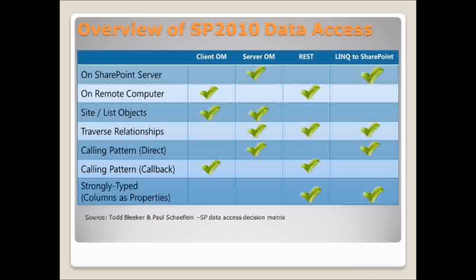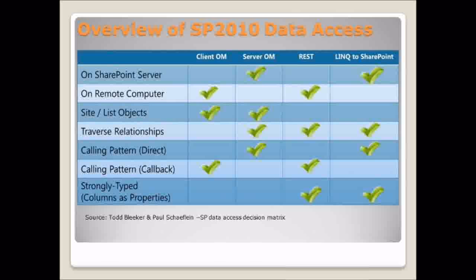The callback calling pattern is when you actually have to batch up multiple of your arguments and then say go and execute the command now, and that's what you do in the client object model and using the REST API. So you do your 5 actions and you batch it into one request and you send it out. And you could actually send it out after each request, but you'd still have to specifically send each request. It just doesn't do it automatically.